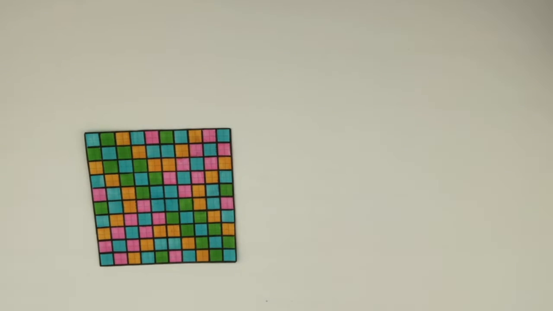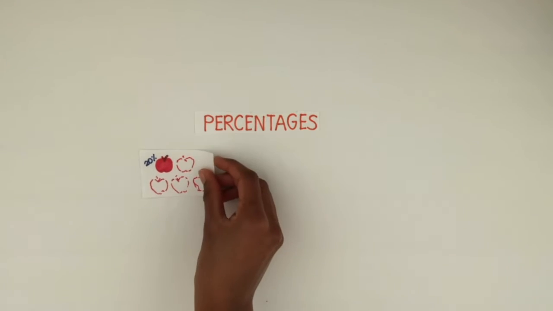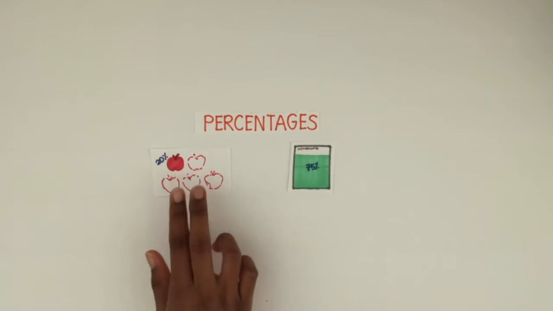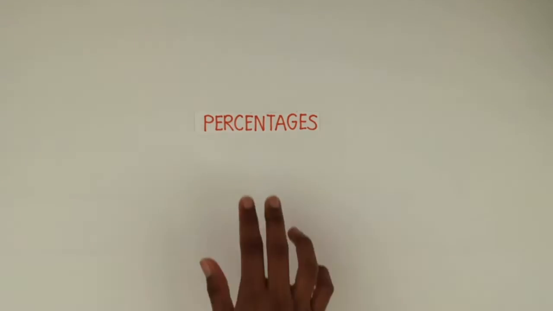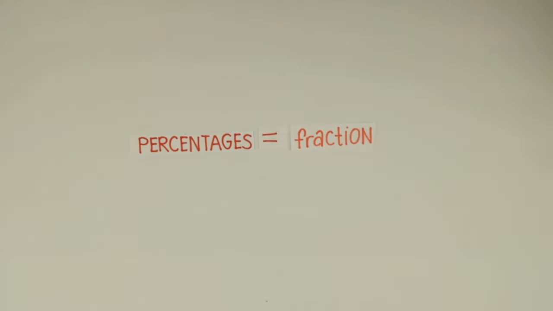However, in today's world, a lot of statistics and part-whole comparisons are done through percentages. For example, we only have 20% of the apples remaining, or I finished 75% of my homework. But believe it or not, percentages and fractions are essentially the same things, just in different forms.